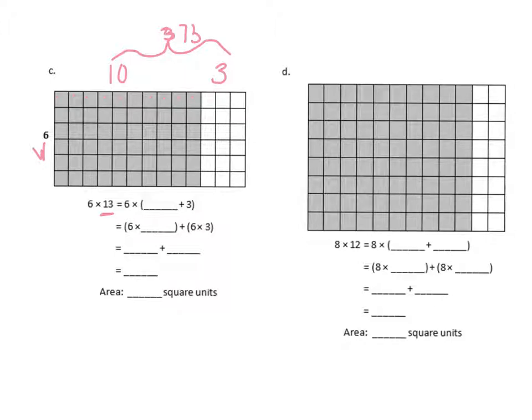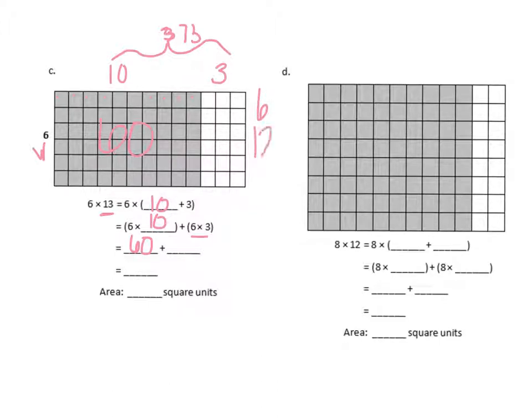So that's where the 13 comes from in our equation. So I can break apart 13 into 10 and 3 and still multiply it by 6. So first I'm going to do each of those parts. So the shaded part would be 6 times 10, which would be 60. The unshaded part is represented by the 6 times 3. So what is 6 times 3? Write your sixes down to solve if you're unsure.